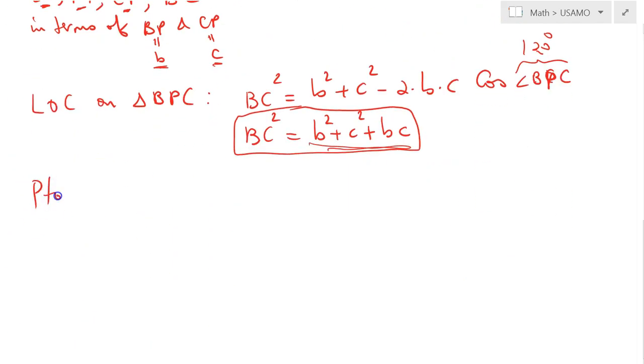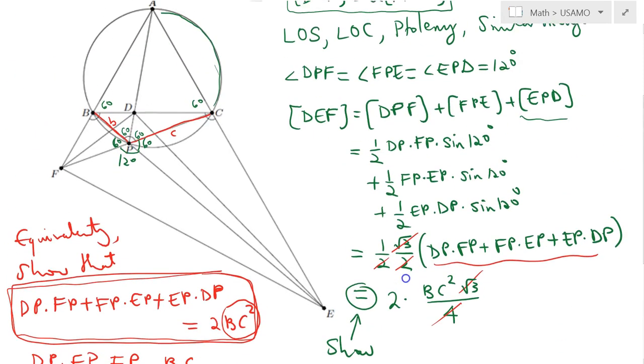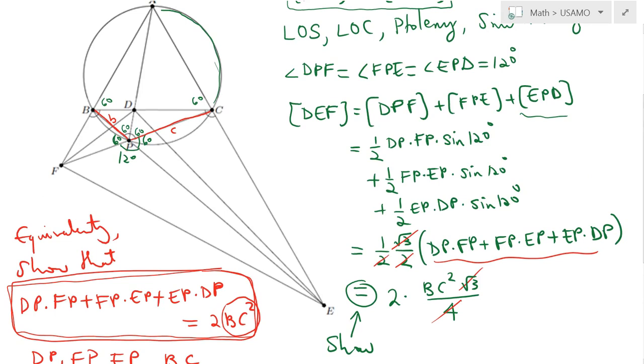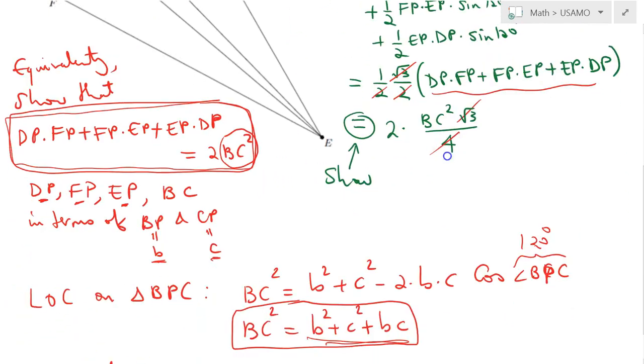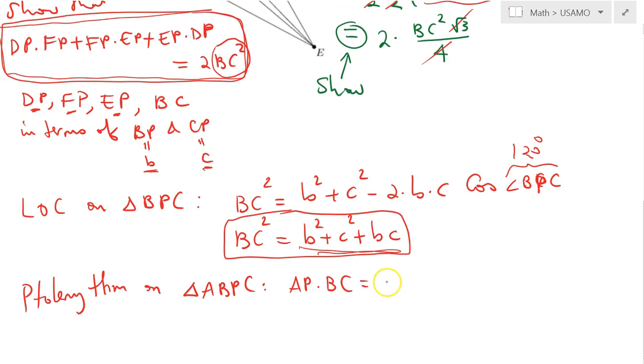So applying Ptolemy's theorem on quadrilateral ABPC. Remember that the product of the diagonals according to this theorem, namely AP and BC, is equal to the sum of the products of opposite sides, which is basically BP times AC plus CP times AB.